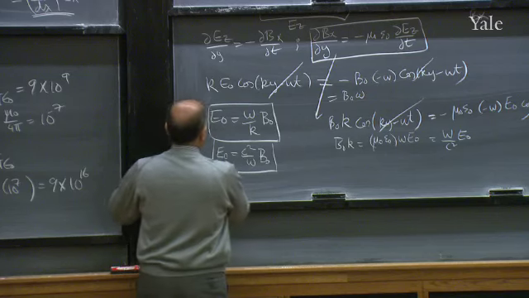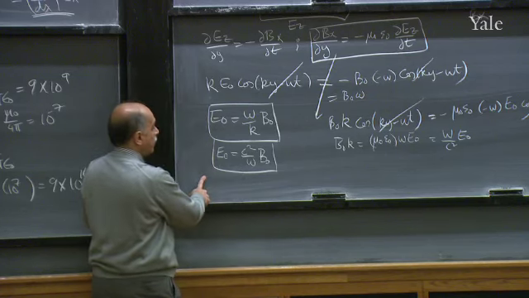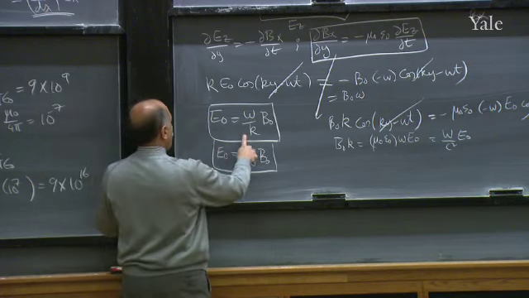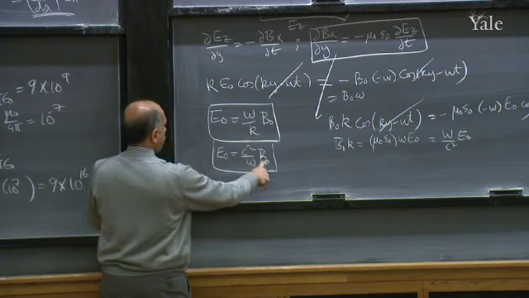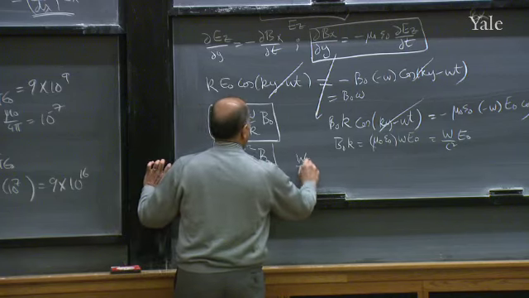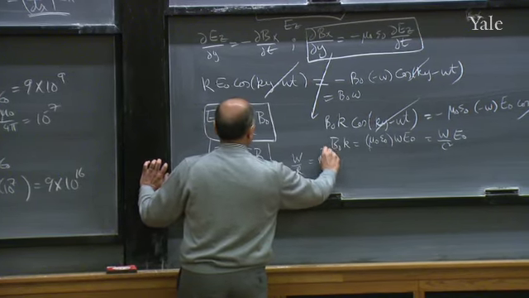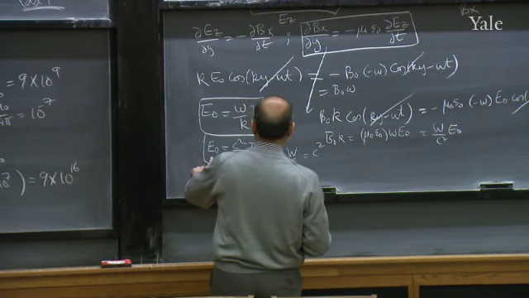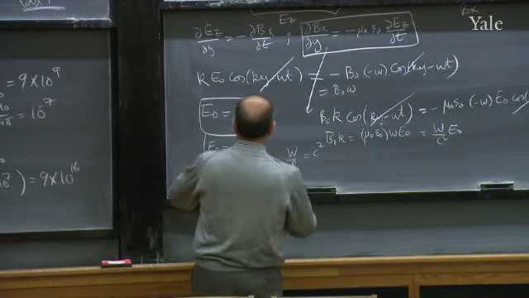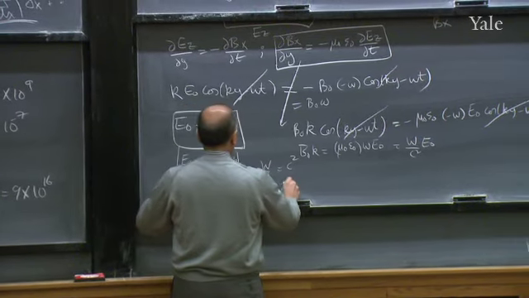But look at these two equations. They're both telling you something about E naught. One says E naught should be omega over k times B naught. The other says E naught should be c squared over omega times B naught. That means omega over k better be equal to c squared. I bet I dropped the k somewhere. B naught k, thank you.